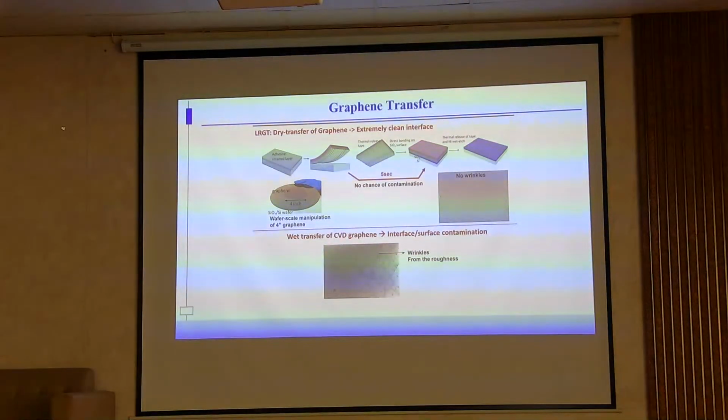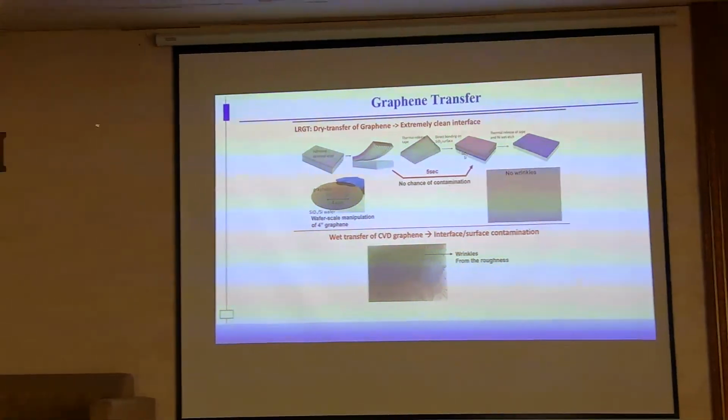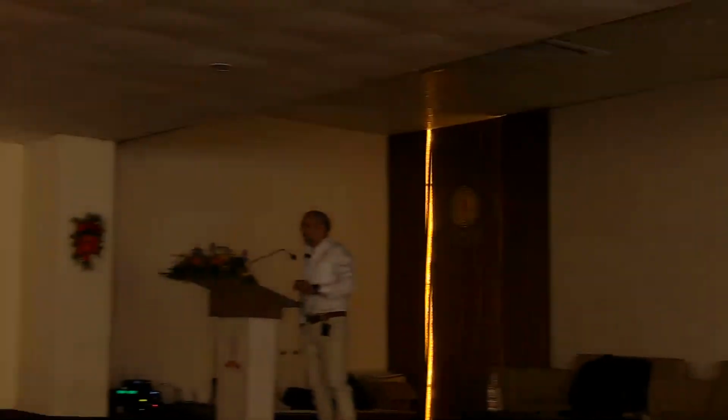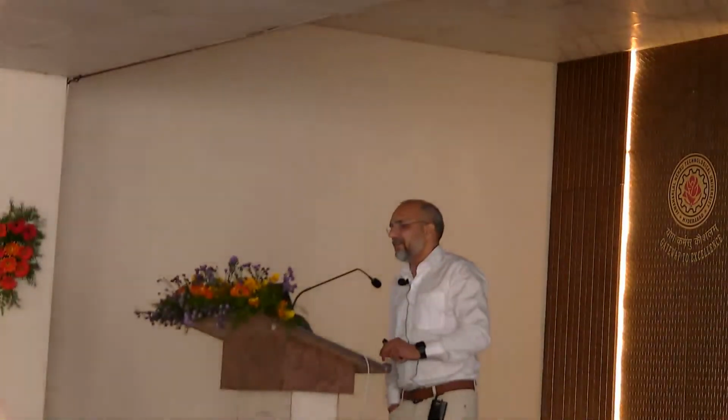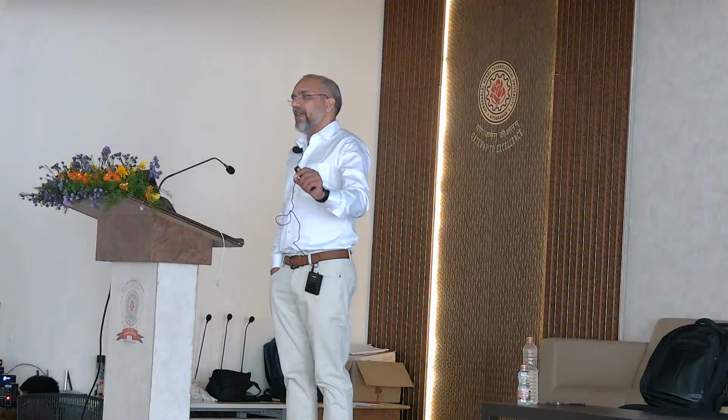Then you can put it wherever you want, and go for the thermal release of the tape. You increase the temperature, take the tape off, and then simply you have graphene on the substrate. And if there are some impurities, you can heat it again, anneal it in the presence of argon. So if there is any contamination due to this adhesive tape, that will be gone.